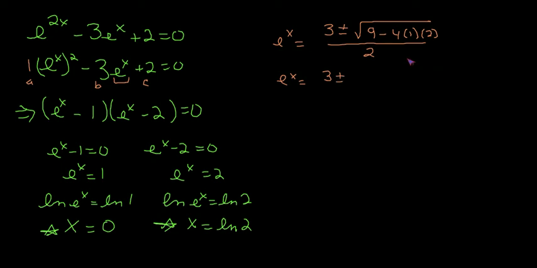Inside here, 4 times 1 times 2 is 8, 9 minus 8 is 1, square root of 1 is 1. So we get this, and simplify that into 2 separate problems. We're going to get e to the x equals 3 plus 1, which is 4. 4 divided by 2 is 2. And we're going to get 3 minus 1, which is 2. 2 divided by 2 is 1.